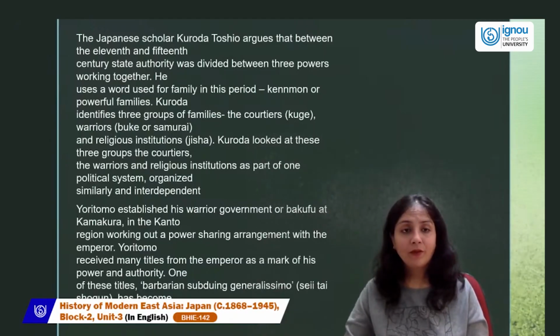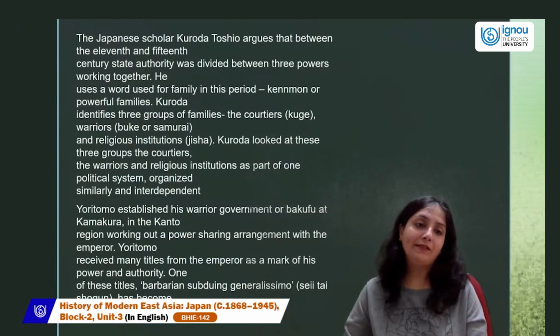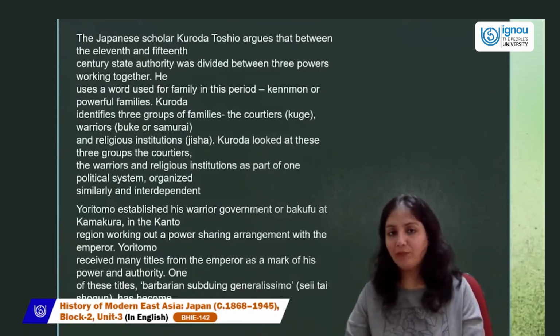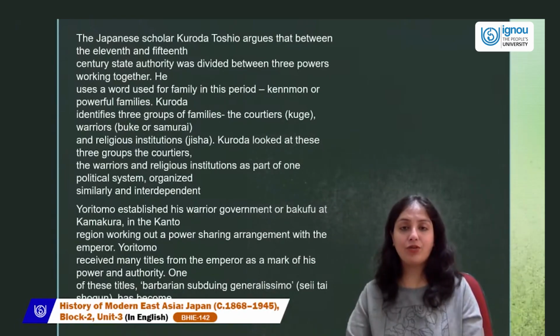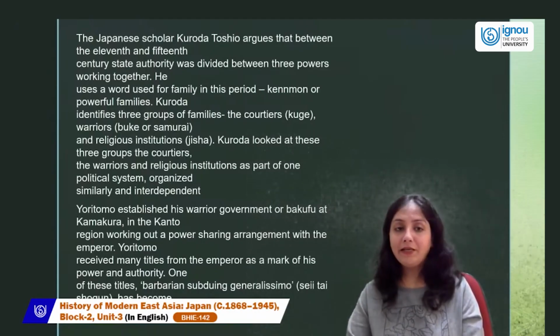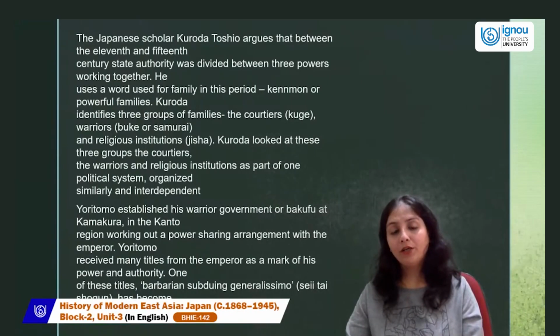Kuroda identifies three groups of families: the courtiers, the warriors, and the religious institutions. Those three groups of families were very important for the administration.